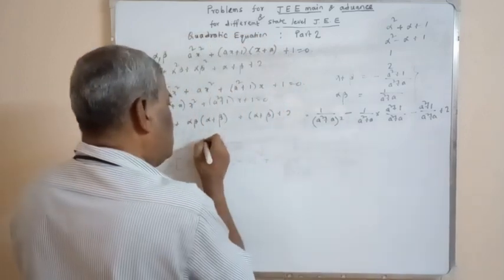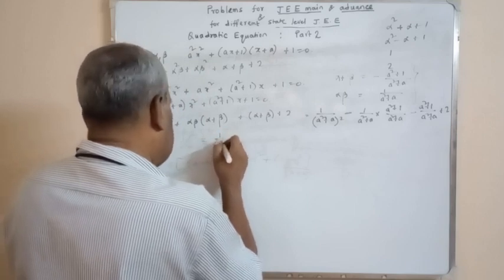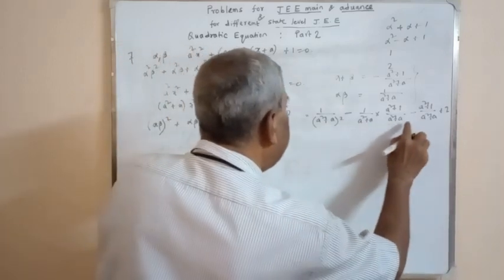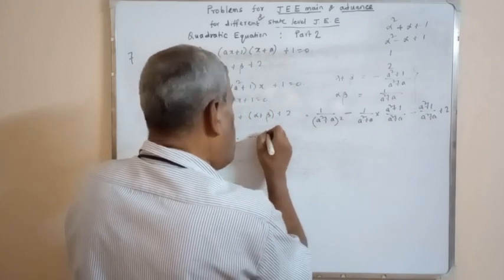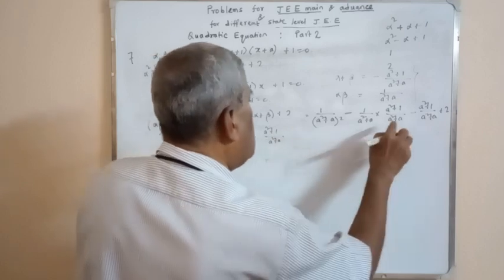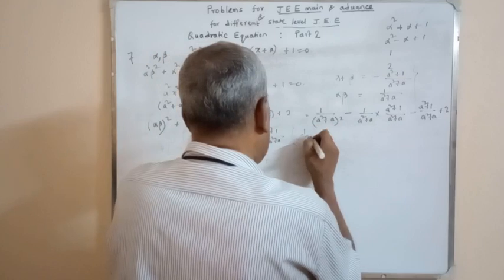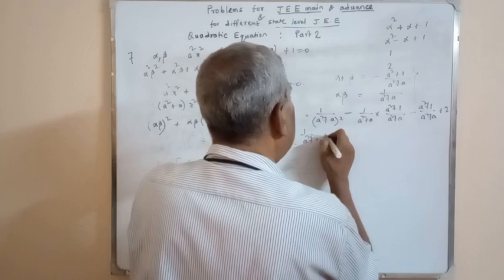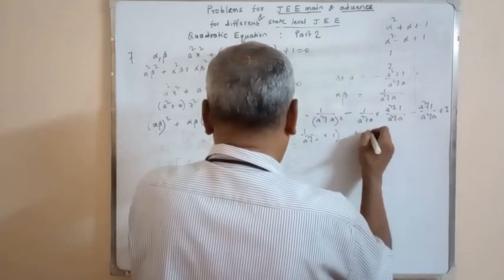So that it is equal to 1 upon (a square plus a) whole square. Taking this common, minus (a square plus 1) by (a square plus a), we get 1 upon (a square plus a) plus 1, plus 2.